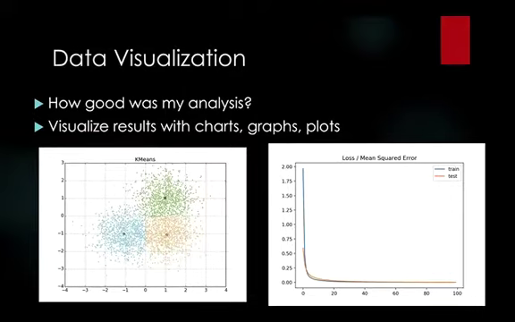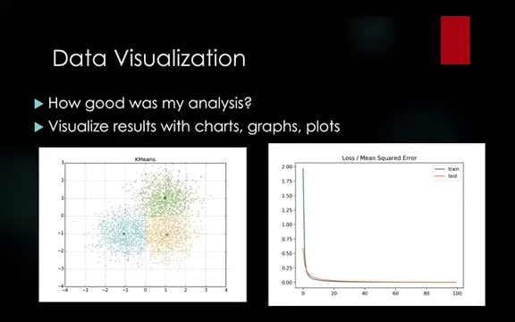Plotting things out using libraries like matplotlib, Python's built-in graph libraries, is really crucial because you can actually visualize what your algorithm is doing. Is my analysis effective? So we want to visualize results with charts, graphs, and plots during our analysis to see whether things are working as expected. Are there problems with our analysis?